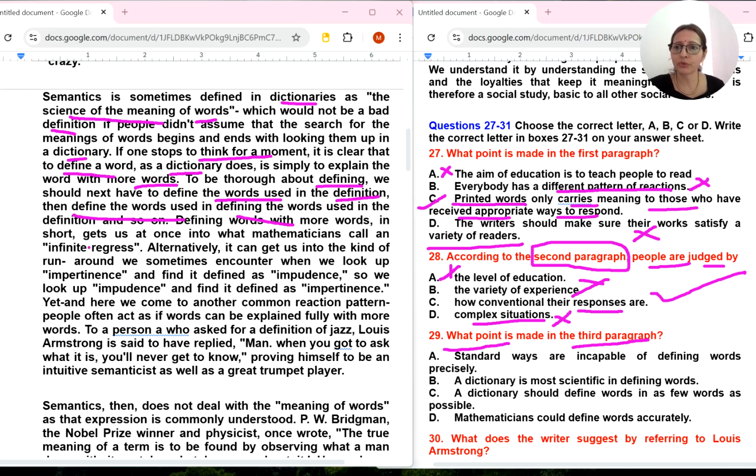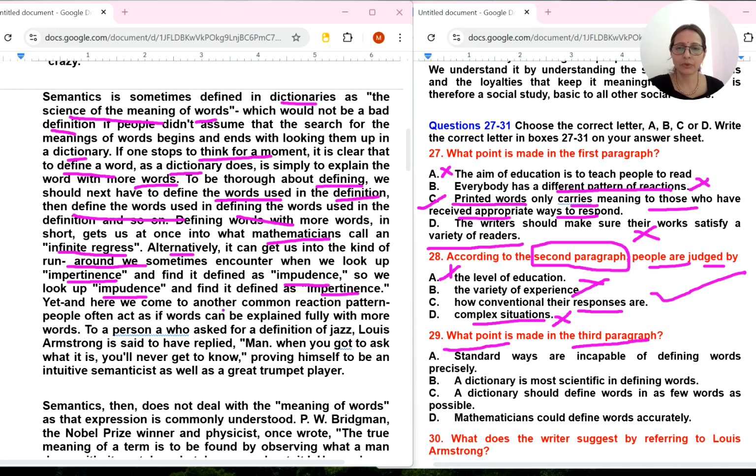Defining words with more words in short gets us at once into what mathematicians call infinite regress. Alternatively, it can get us into the kind of run-around we sometimes encounter when we look up pertinence and find it defined as impudence. So we look up impudence and find it defined as impotence.